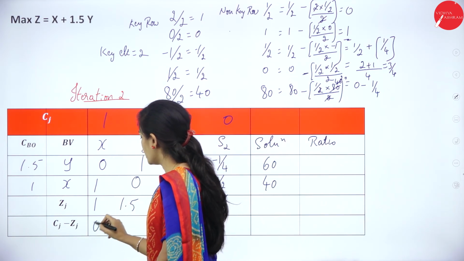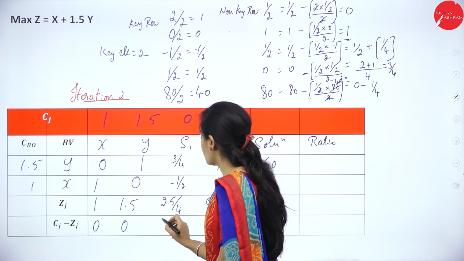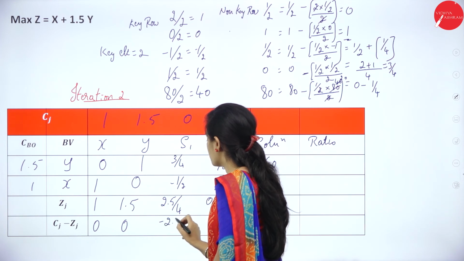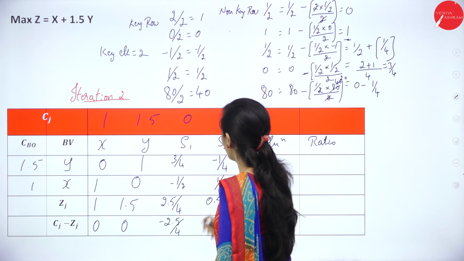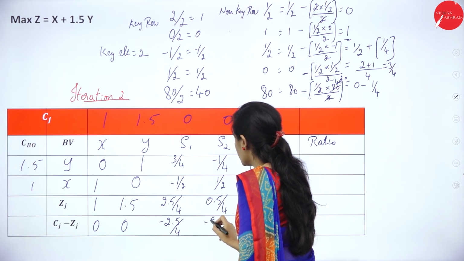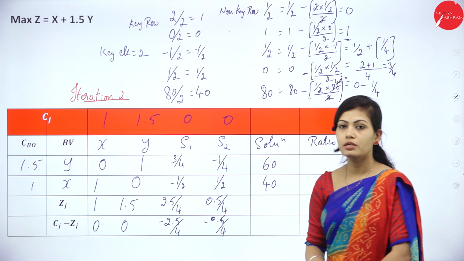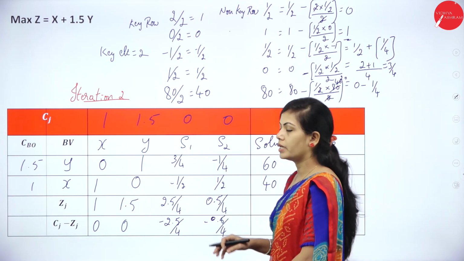1 minus 1 is 0. 1.5 minus 1.5 is 0. 0 minus 2.5 by 4, it is minus 2.5 by 4. And 0 minus 0.5 by 4, it is minus 0.5 by 4. Now we can cross verify the optimality condition.